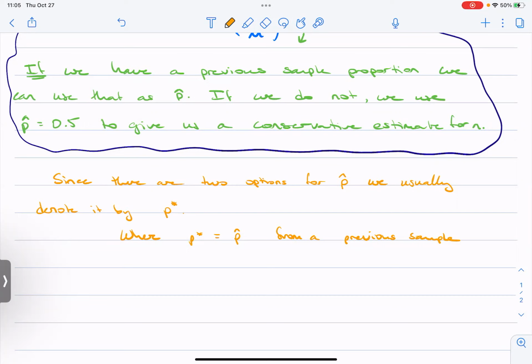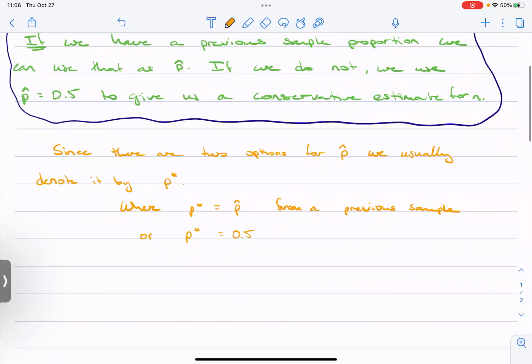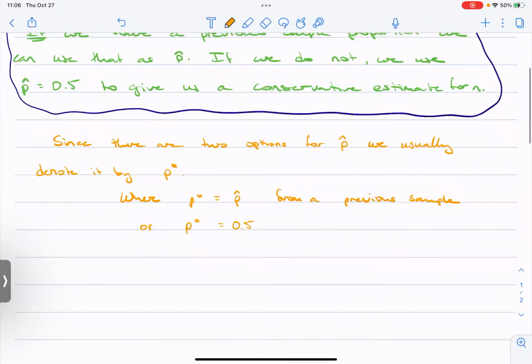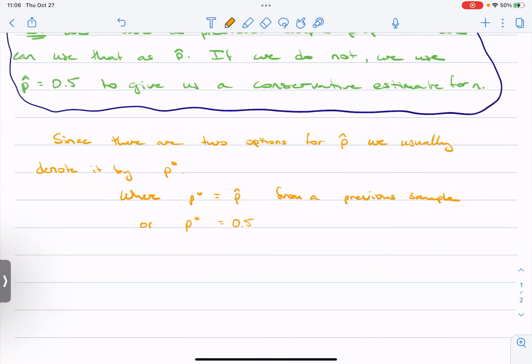So if we don't have to do that, if we have an idea of what the sample proportion is, then we can use that instead. Or p star is 0.5 if no previous sample exists, or in our case, if no information about a previous sample was given.